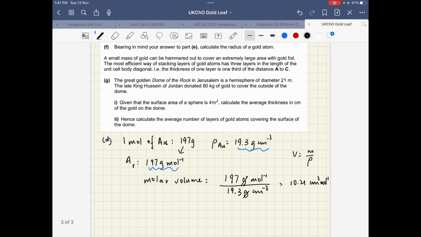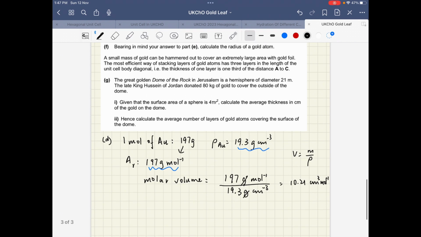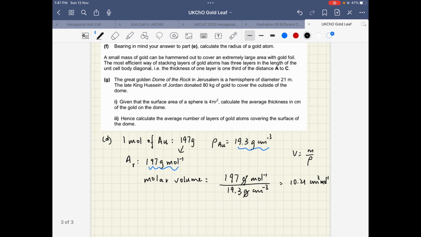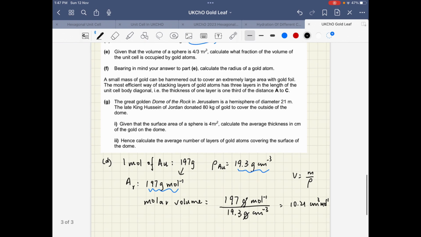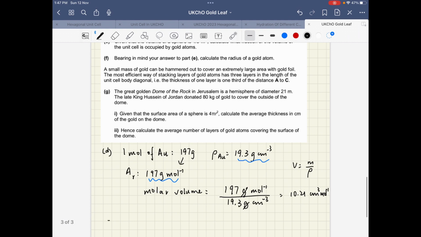So you can use this to calculate the volume of 1 mole of gold, and that will give you the molar volume of the gold. So, moving on to part E.